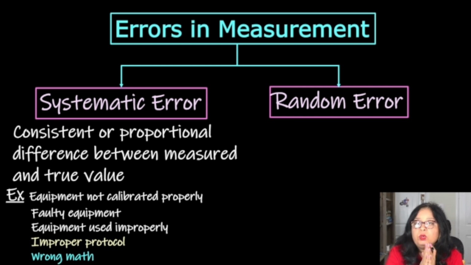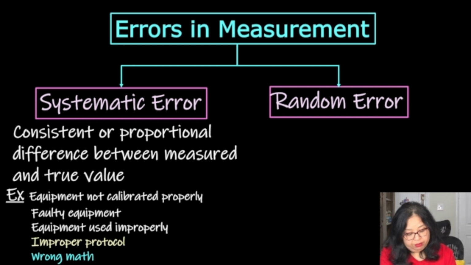All these cases will lead to consistent or proportional offset between the measured value and the true value, and such errors are called systematic errors. Luckily, if you could figure out the source of systematic error, it's very easy to get rid of them. All you need to do is get rid of the issue that's causing that systematic error.